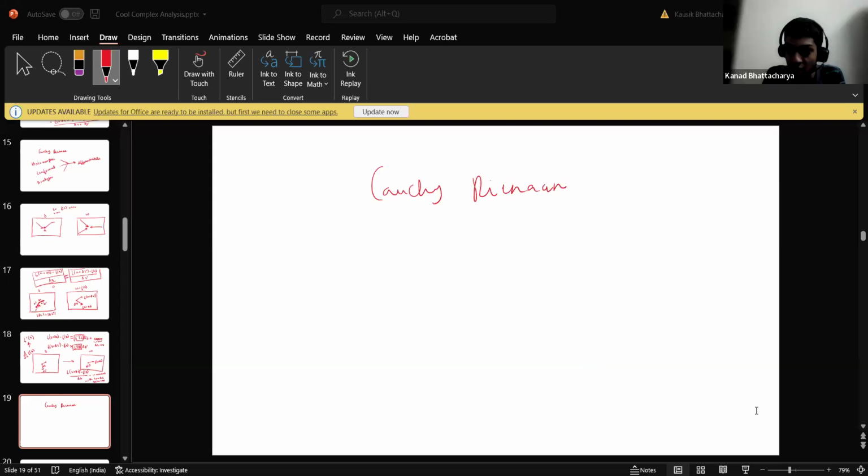Okay, Atharv is asking whether the conformal mapping theorem is on the same idea, basically for holomorphic mappings. Which conformal mapping theorem do you mean?